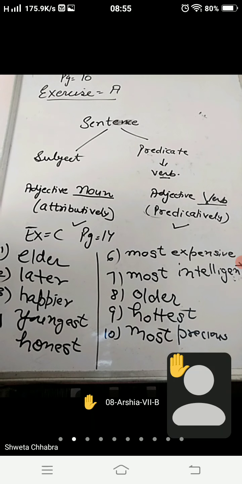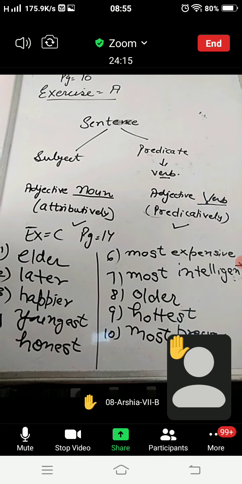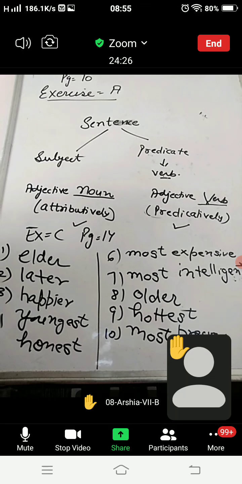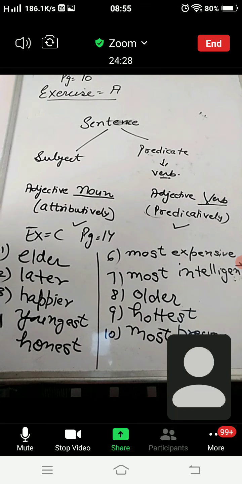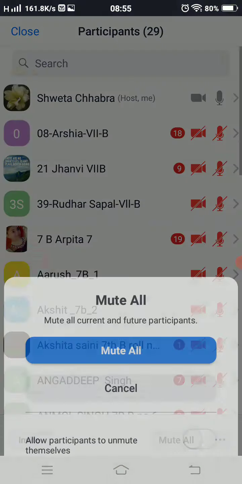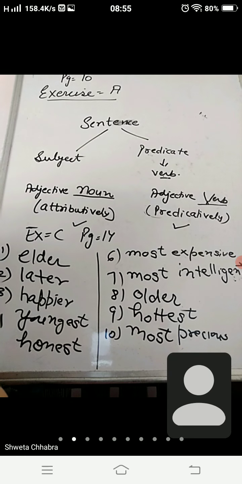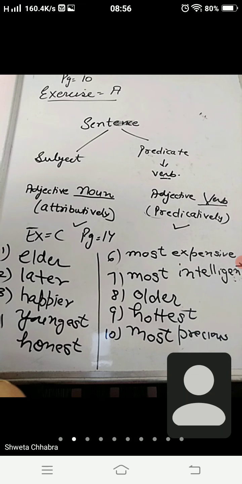Only this much you have to do. Okay. These are the tough ones, others were so simple. Okay, children. Now afterwards, I think I should take determiners. Okay.